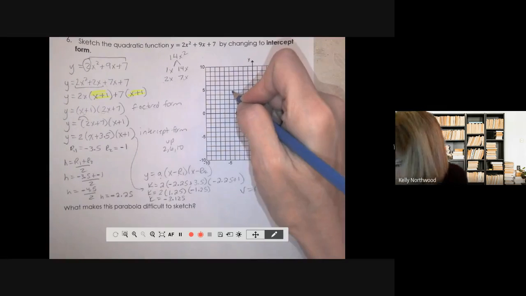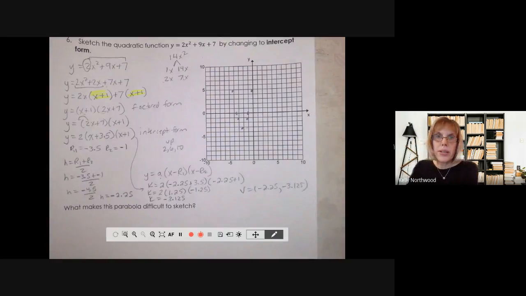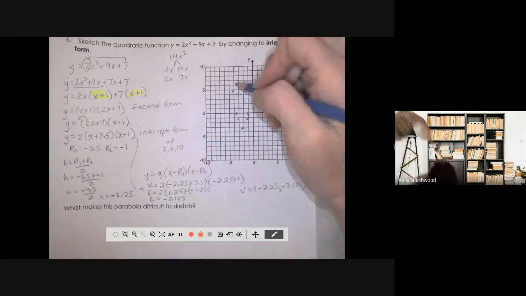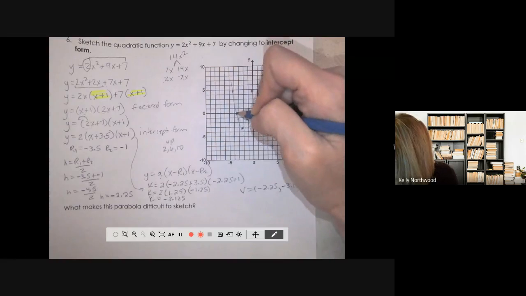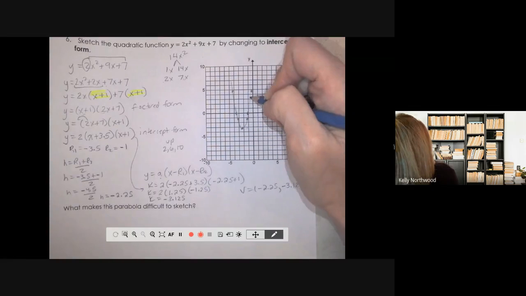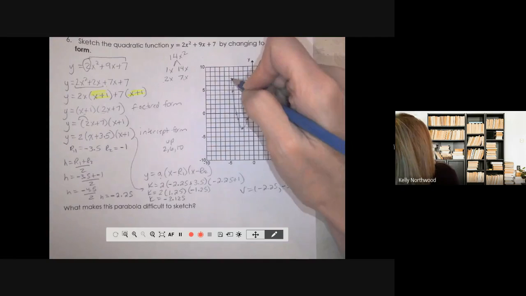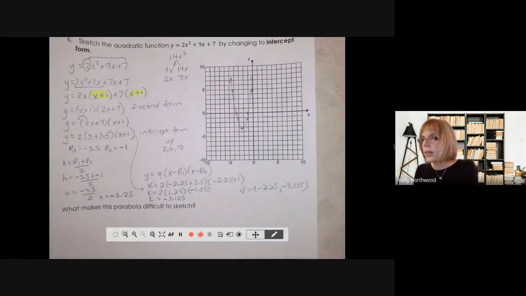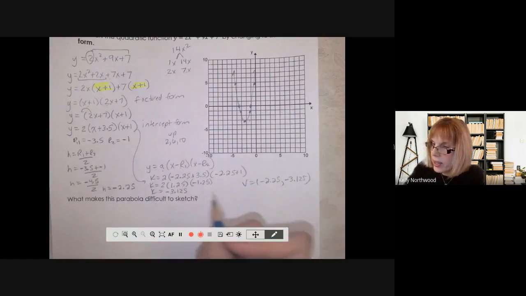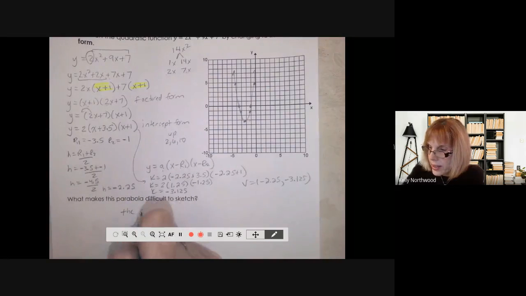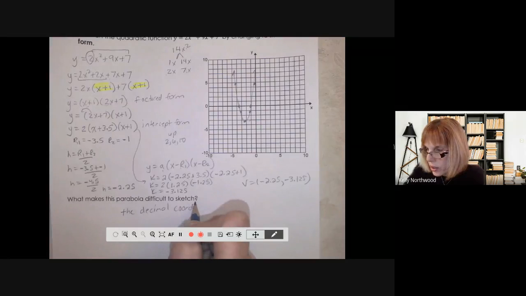So when you join them, it should look like you go right through your intercepts on your way through, which it does. And there's your intercept form. And then the question, what makes this parabola difficult to sketch? The decimal coordinates, for sure.